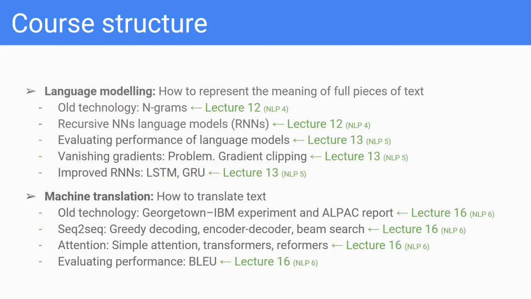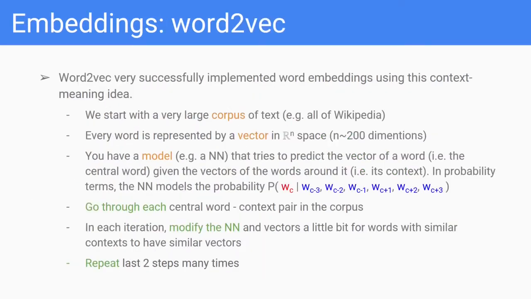Okay, so this is the remainder of the course, no need to update because you just heard about it. And then I will go very quickly through the recap of the previous class, because it was just now. So, to get the numerical representation of words, you get a corpus, you use a vector representation, so points in a dimensional space, you use a model, in this case a neural network, and then you go through each central word.